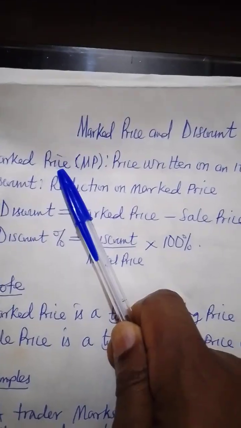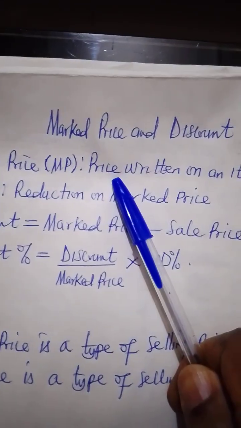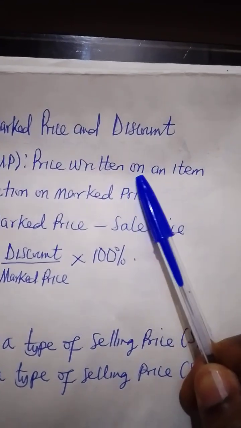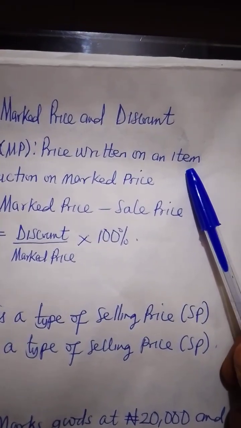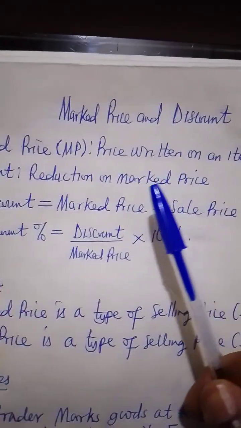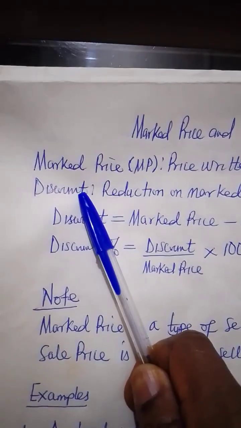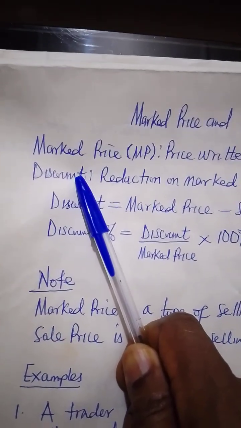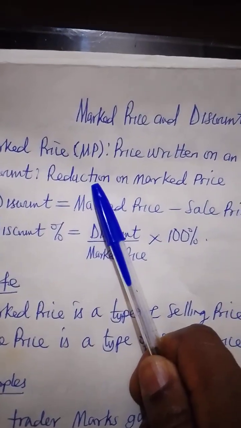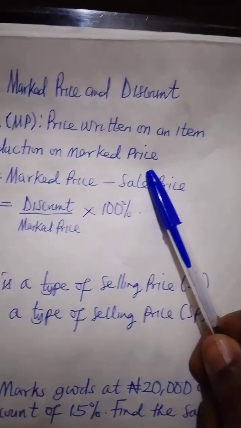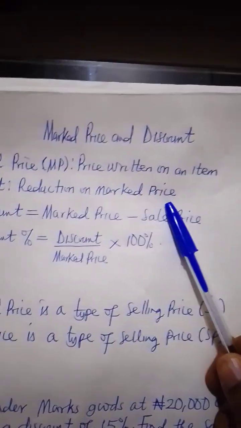Marked price simply means price written on an item. The price written on an item is referred to as marked price. The next term there is discount. Discount is simply reduction on marked price.